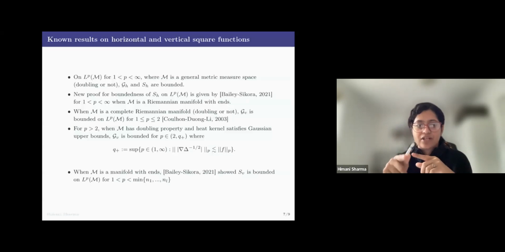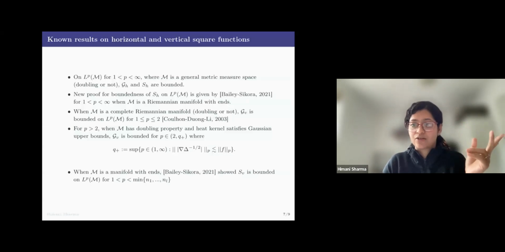They showed it for the square function with the resolvent operator, and they tried to break the integral into a lower and higher frequency part, and they proved it using that fact. But since Hassell and Sikora had proved boundedness of the Riesz transform for these manifolds, they used that fact to prove the boundedness of the vertical square function here.